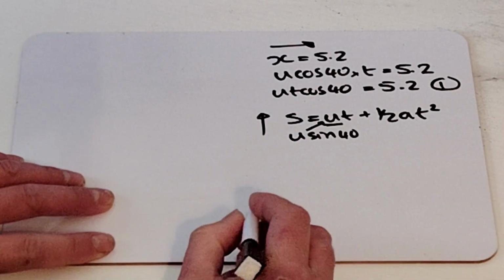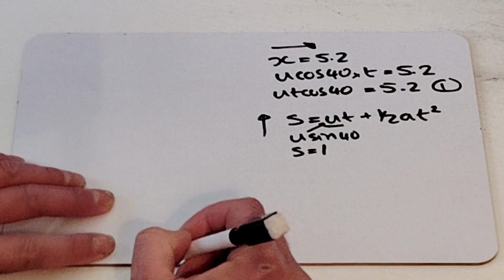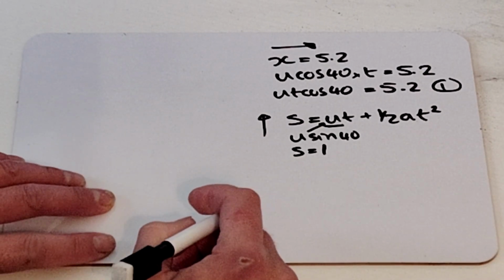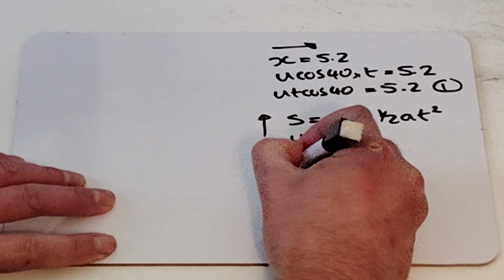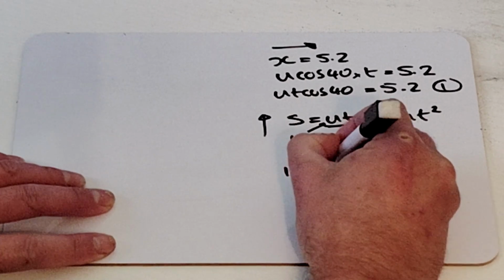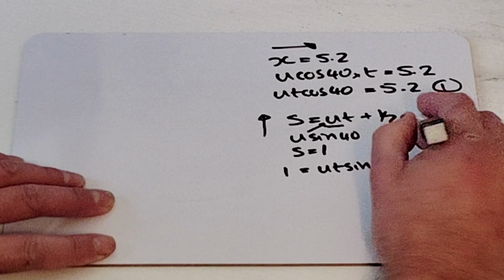So we can rewrite that. We know that s was equal to 1. That's our vertical displacement difference. And we can plug some values in, and we end up with 1 equals u sine 40 times t, so we're going to call that ut sine 40, plus a half.